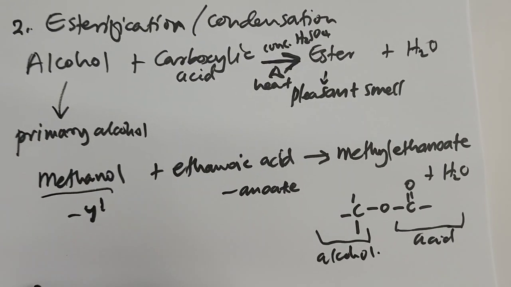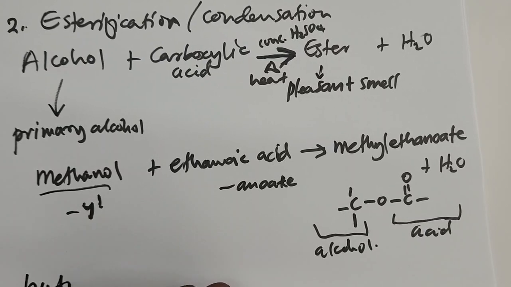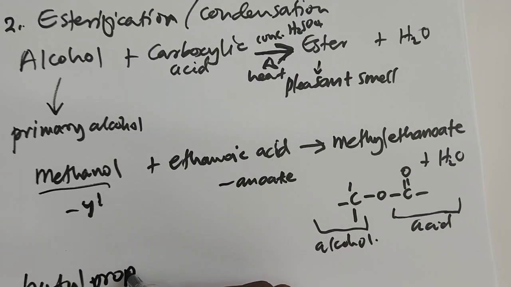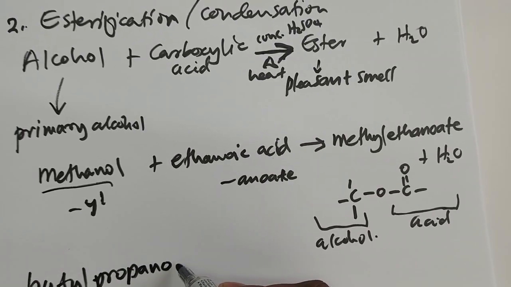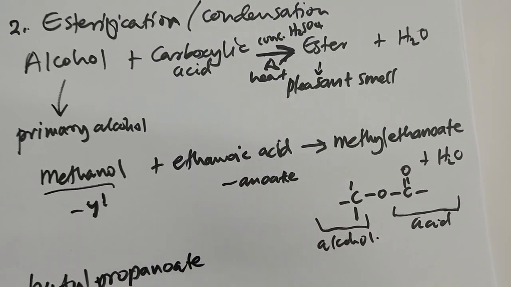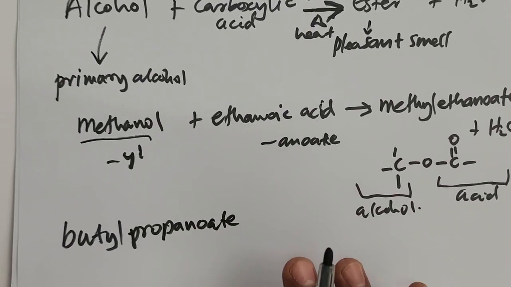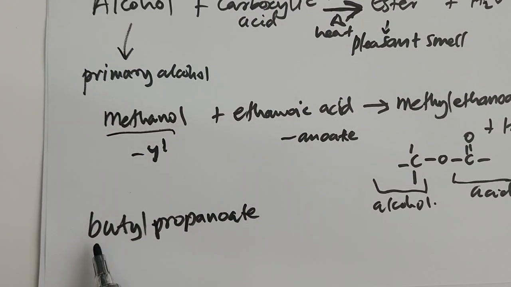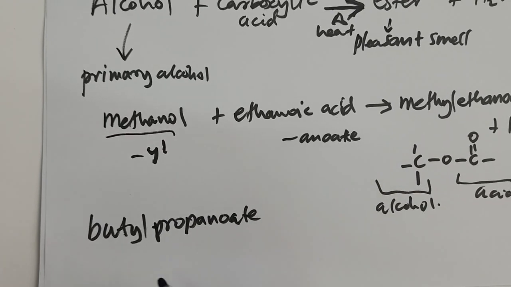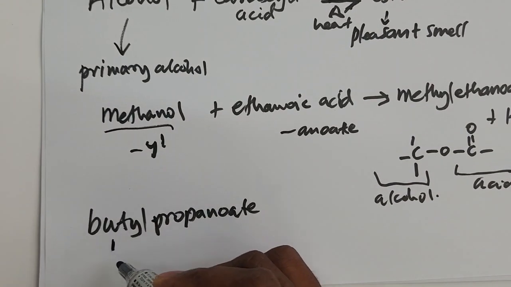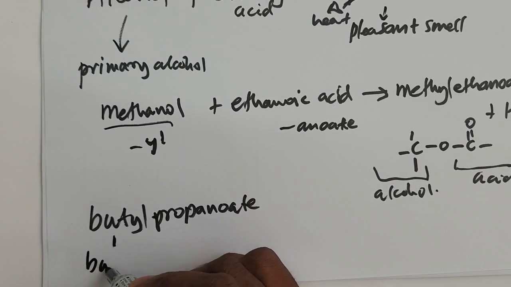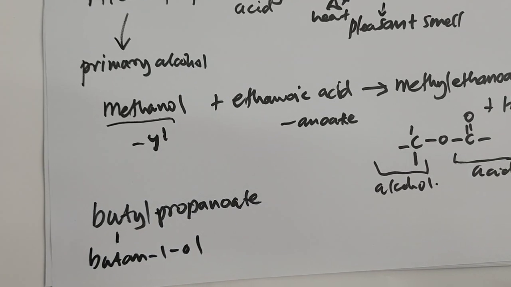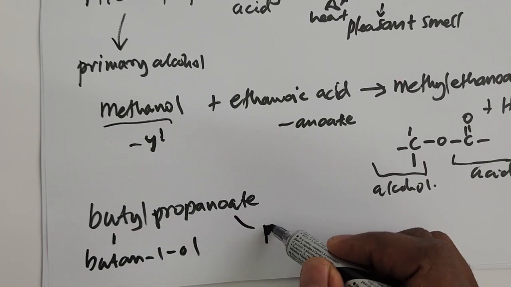But what you should know again is this. If I'm given butyl propanoate and they say name the alcohol, remember we said all esters come from primary alcohols, therefore the alcohol that produces this ester will be butan-1-ol, and the acid will be propanoic acid.